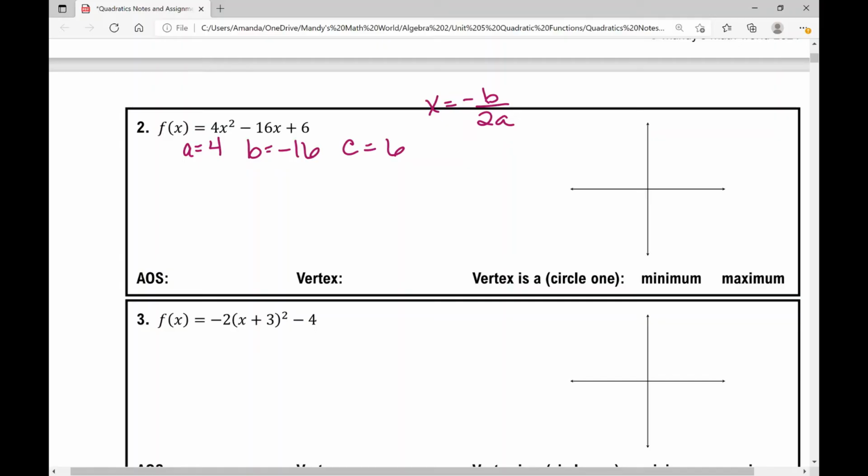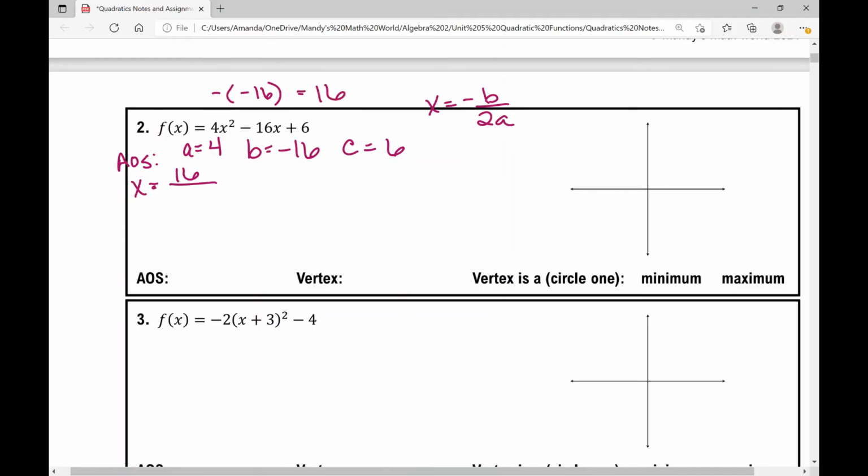So your axis of symmetry here is going to be x equals negative b, which is positive 16, right? Negative, negative 16, so negative b, negative, negative 16. Some people say opposite b, same thing, right? Opposite b, because negative, negative makes positive 16.